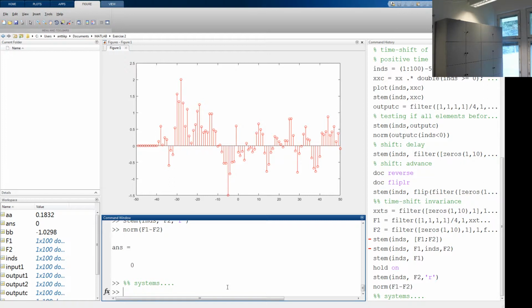Okay, and this one has a couple of different ways you can show the implementation. So basically 1/4 times, then we have these delays, like that one.